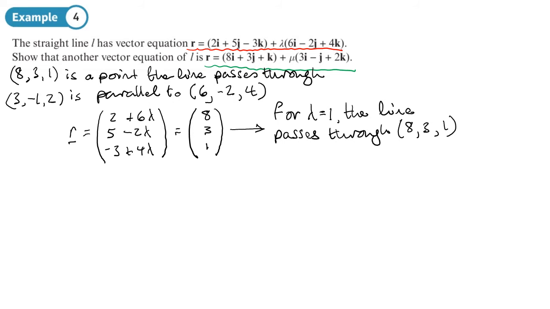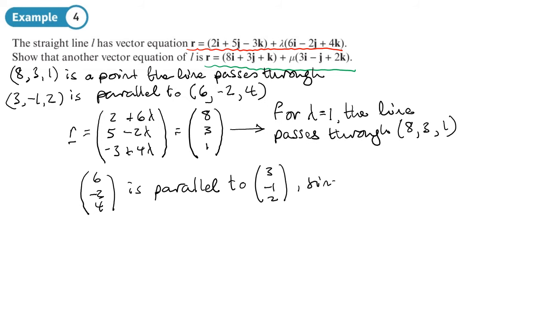So (6, negative 2, 4) is parallel to (3, negative 1, 2), since (3, negative 1, 2) times by 2 equals that.